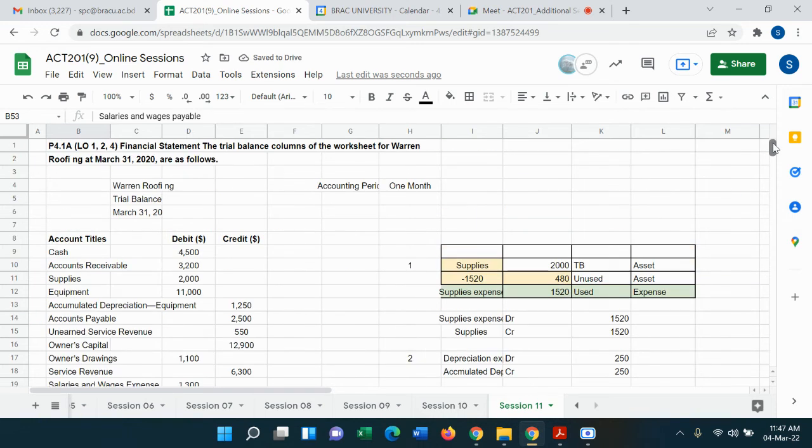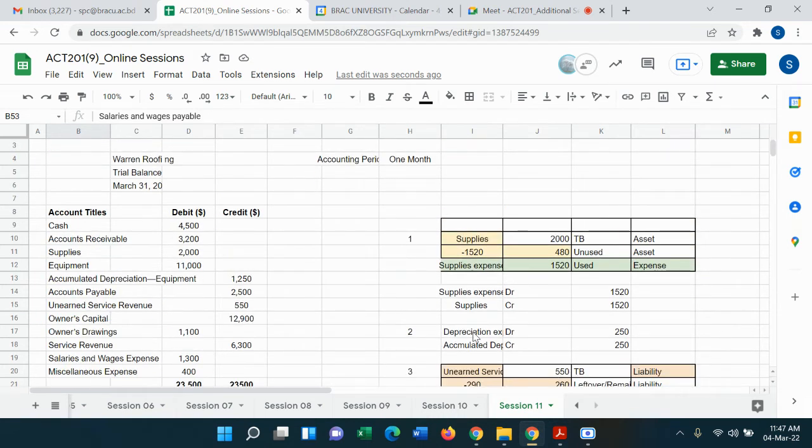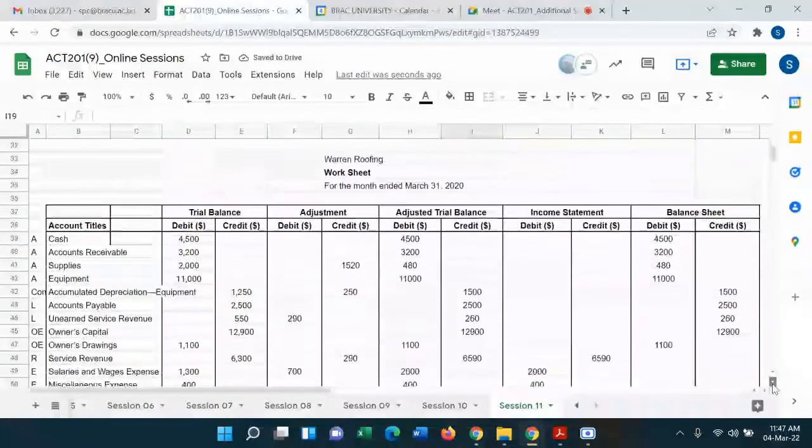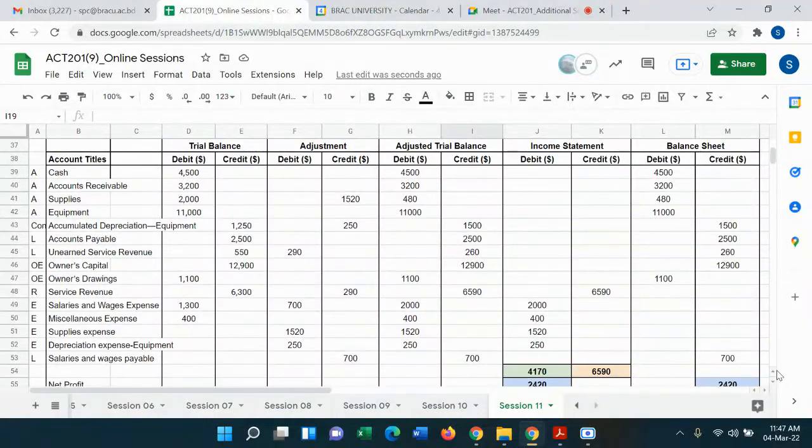Whenever you are doing the adjustment, equipment accumulated depreciation, like that. So whenever you have multiple fixed assets, we should specifically identify the amount of depreciation and accumulated depreciation charged on that particular fixed asset.